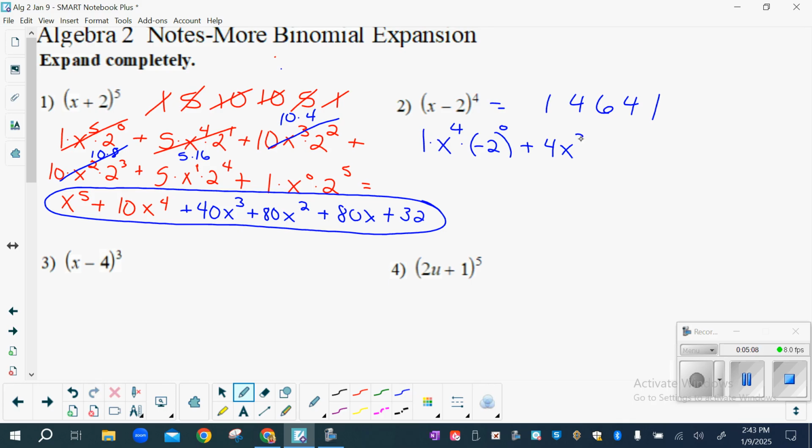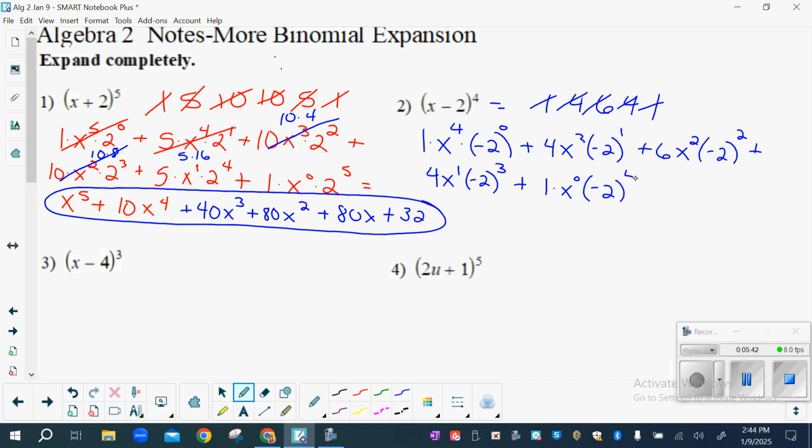We want to go down, so it's 3. Exponent on my -2 is 1. So I did 1 and 4. Now do 6 x squared and -2 to the 2. And then we have 4 x to the first, -2 to the third. And my last term will be 1 times x to the 0, -2 to the fourth.